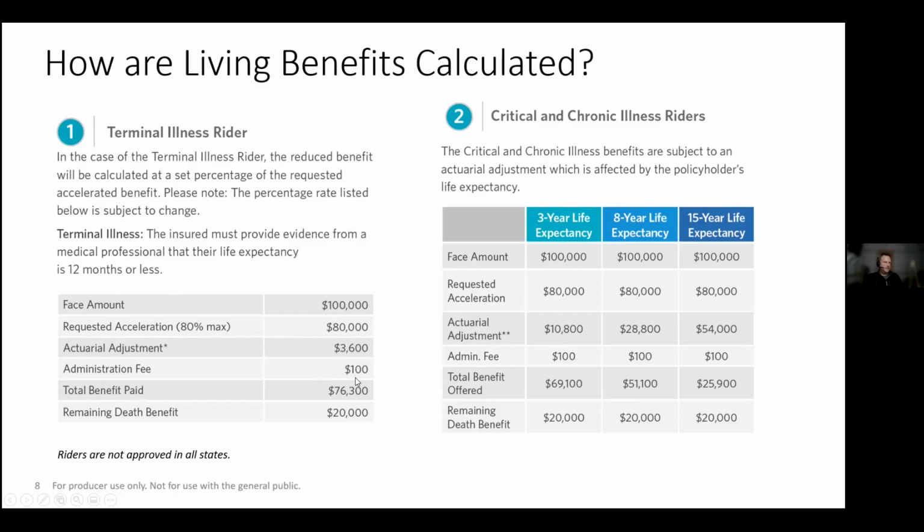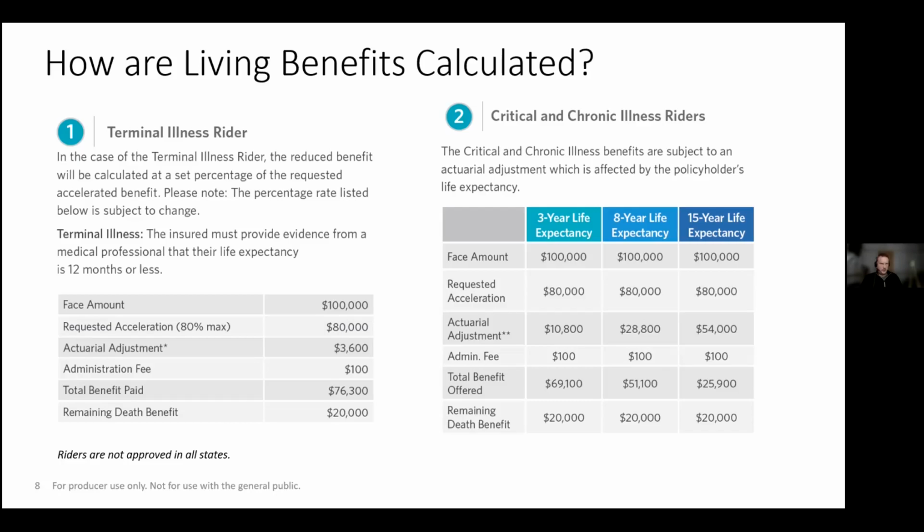And then an administrative fee of $100 to be able to access the money early. That gives a death benefit in this scenario of $76,300 and still have that $20,000 for the remaining death benefit. Because they are going down to $20,000, we will reduce their premiums based on a $20,000 face amount instead of the $100,000 that they were paying before.